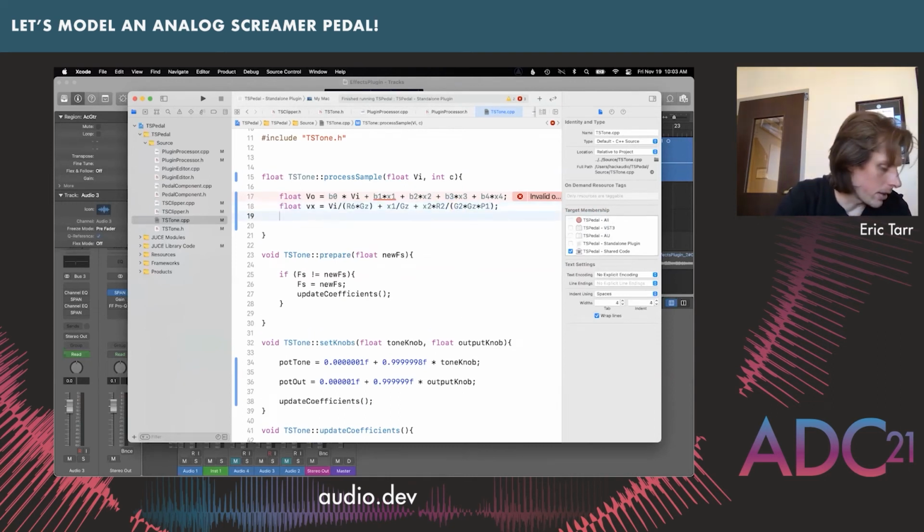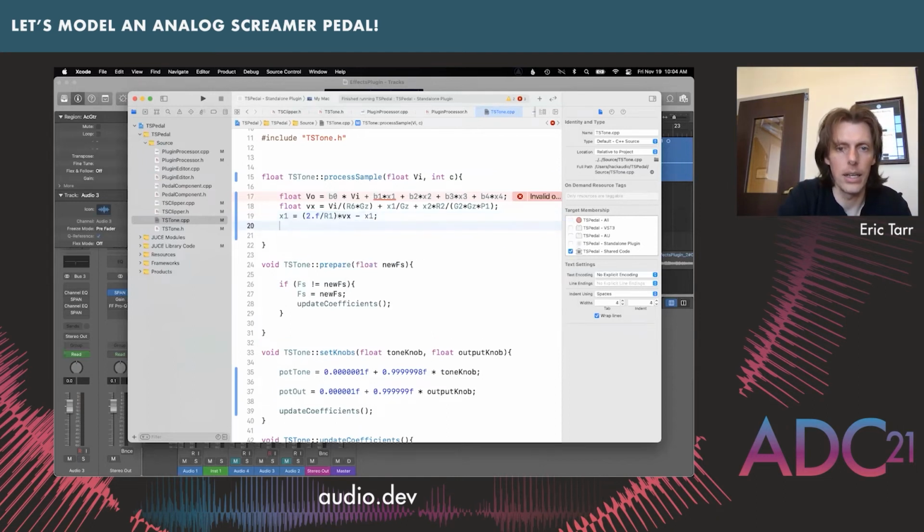And now we can calculate our state updates of 2 divided by R1 times Vx minus X1.